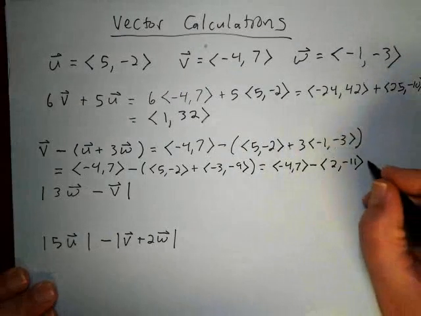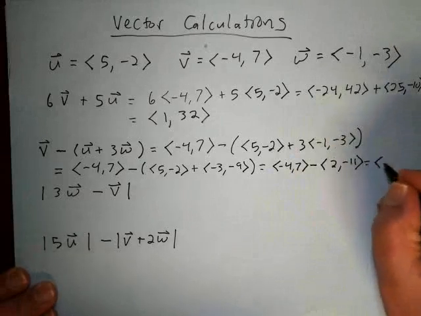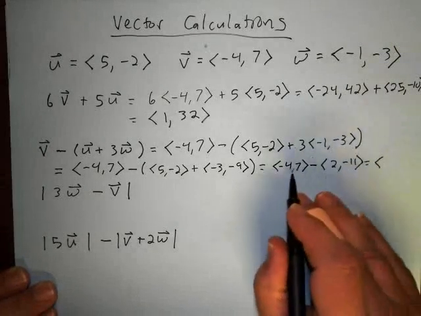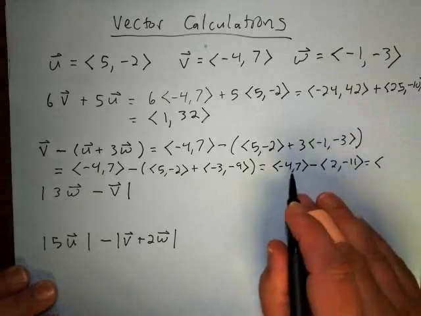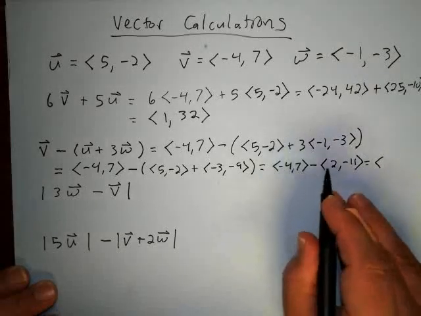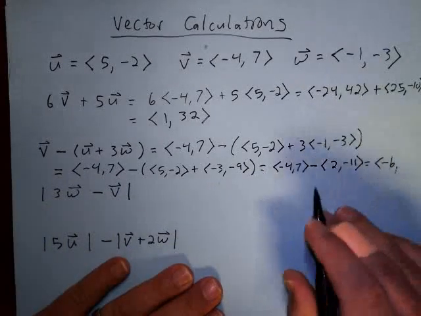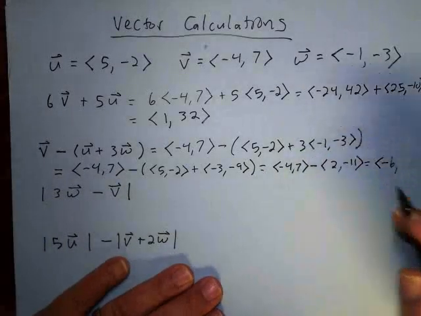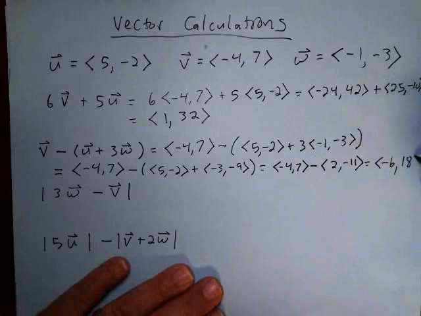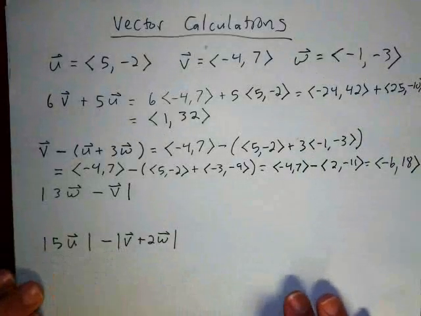Now I can just subtract these two vectors. I would distribute the negative and then combine with addition. So this is -4 and then -2 would be -6, and then 7 and a positive 11 would be 18. And that would be that vector.